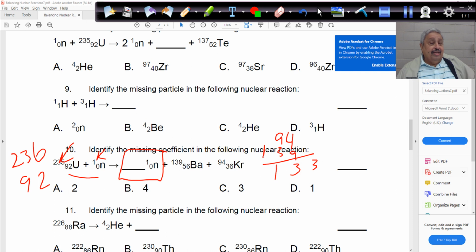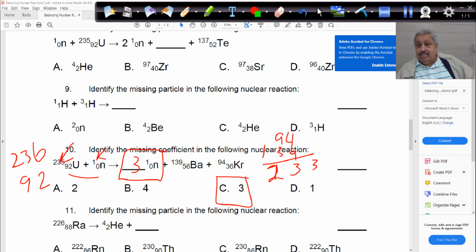How many are missing? 233 and 236, so 3 missing, correct? So the factor will be 3. So the answer is C. Correct, guys? So let's take another one.